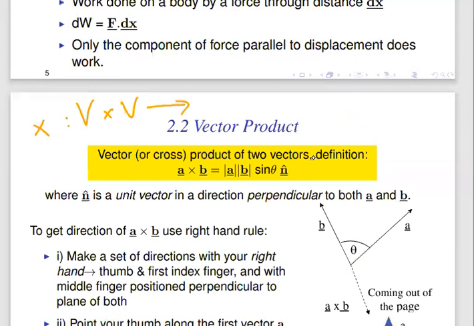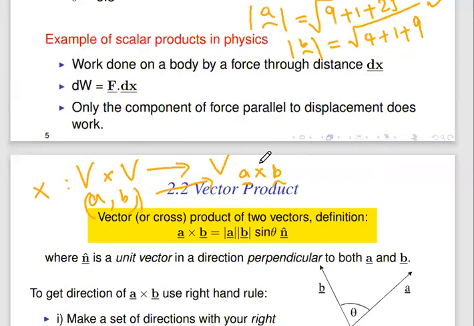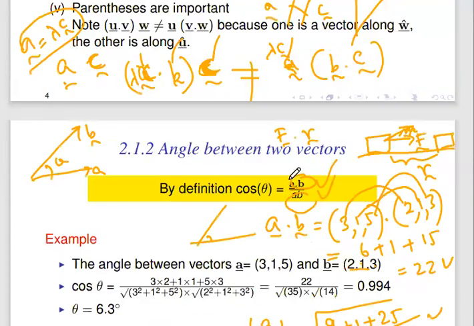When you operate on any two vectors, you get another vector. It is denoted by A cross B, the vector product. So why do we call it vector product? The resultant one is a vector.